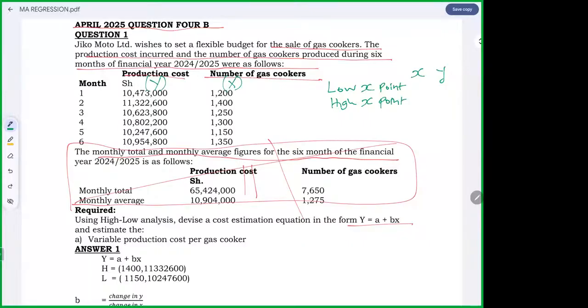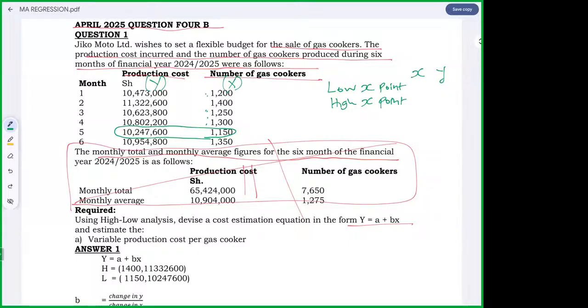Amongst all these, the lowest will be 1150. You circle this with the corresponding Y. Y doesn't have to be the lowest. Remember, we call them the lowest and highest X points.